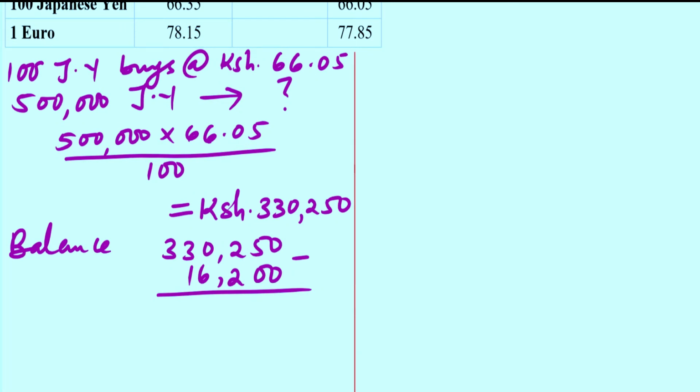When we subtract, we get 314,050 shillings. This is the balance, the remaining amount of money.